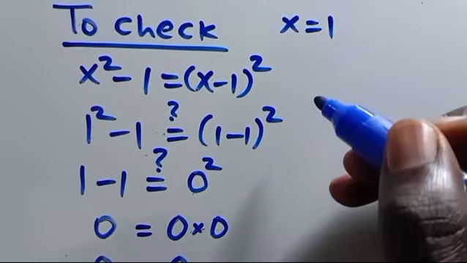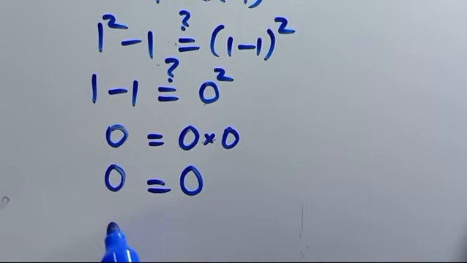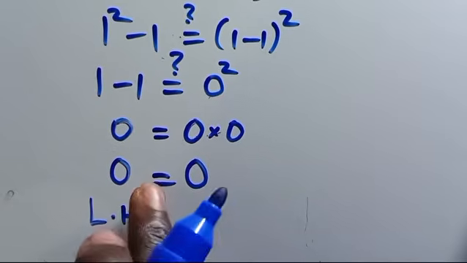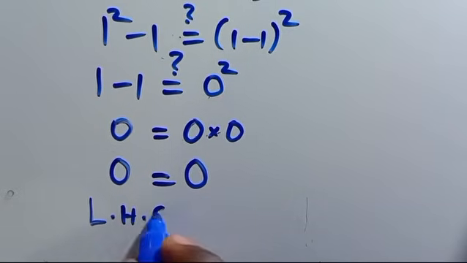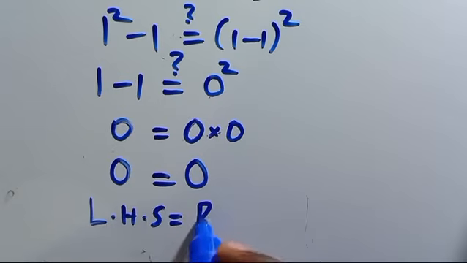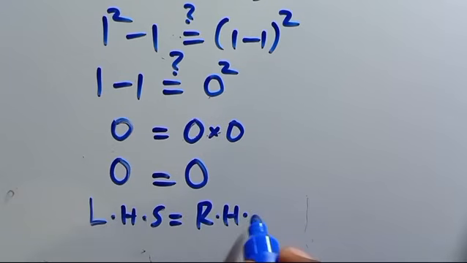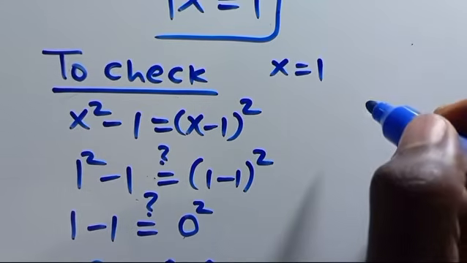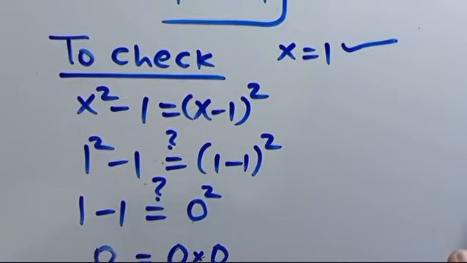So meaning that since the left hand side equals the right hand side, it implies that x equals 1 is correct.